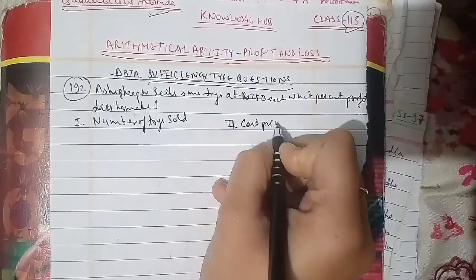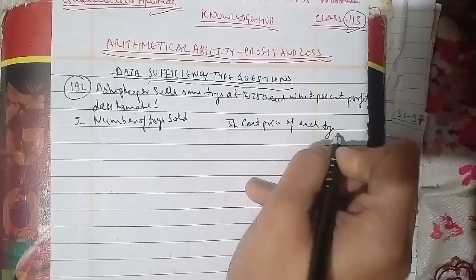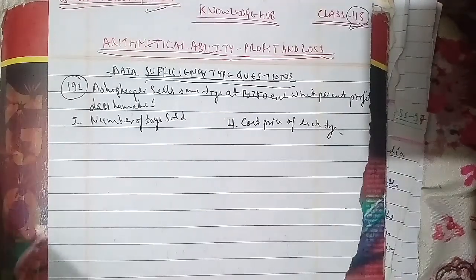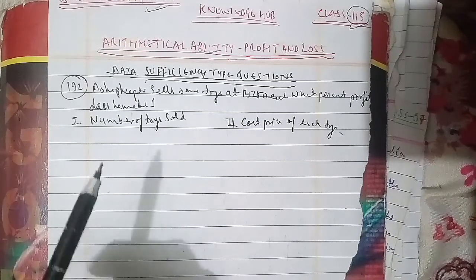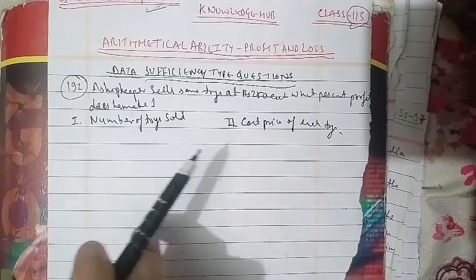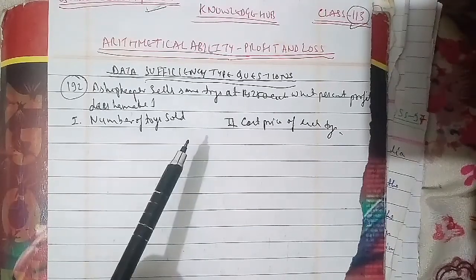The options are: only first is necessary, only second is necessary, both 1 and 2 are necessary, either 1 or 2 is necessary, and none of these. So we have to answer accordingly.